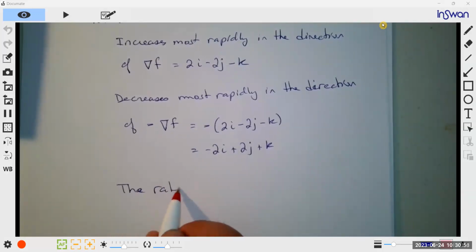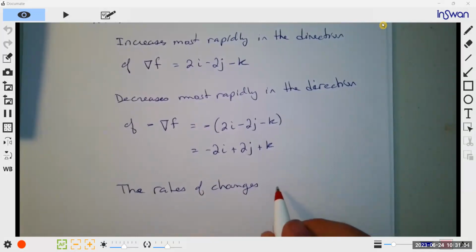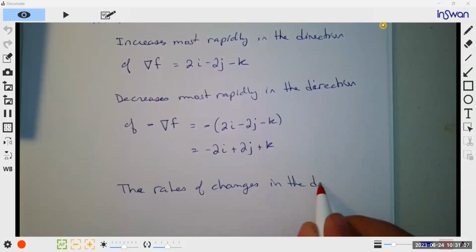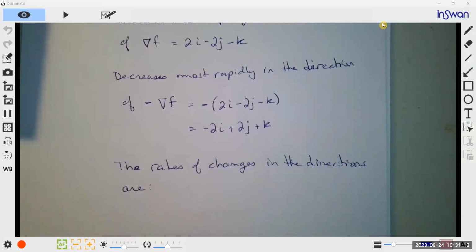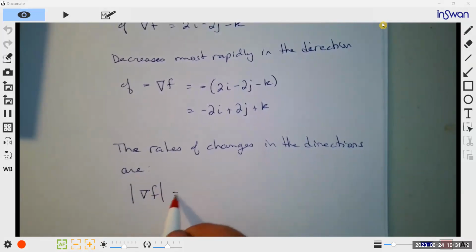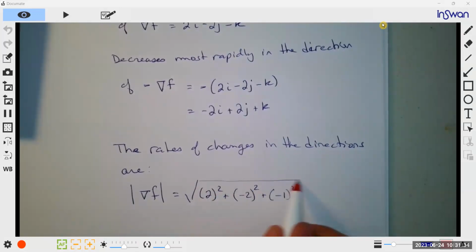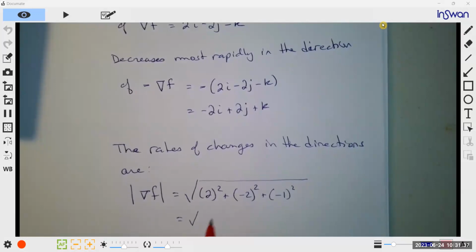And the rates of change in the direction, right, it's the magnitude of del f, 2 squared plus 2 squared plus 1, or 4 plus 4 plus 1.